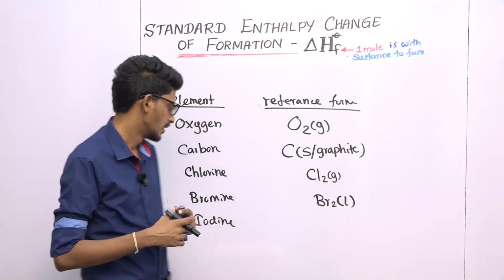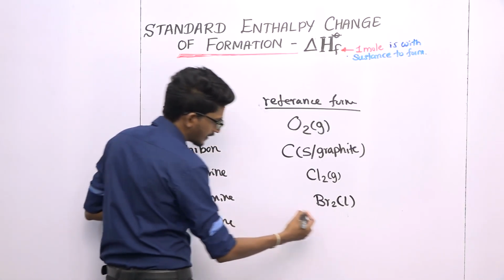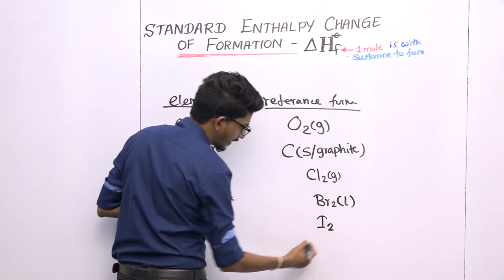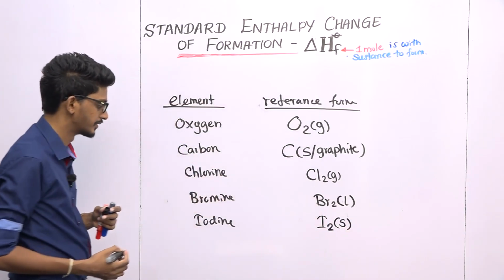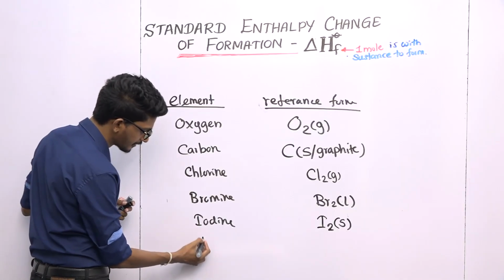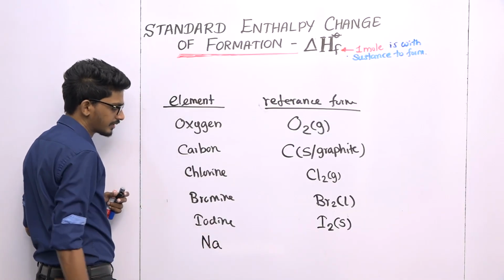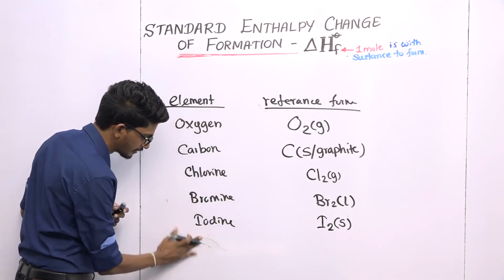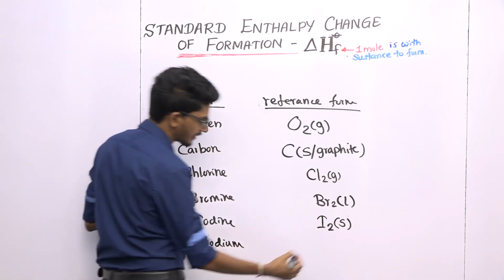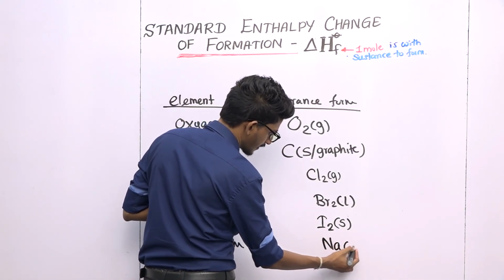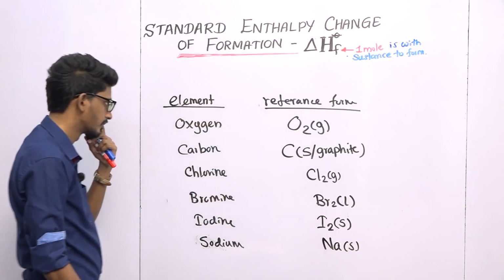Iodine again comes as a diatomic form, but at room conditions it is a solid. For normal metals, let's say sodium, metallic elements will appear as solids in room conditions. So that is a reference form.